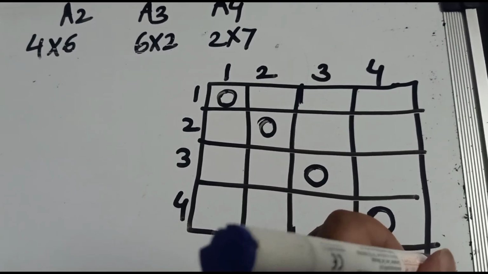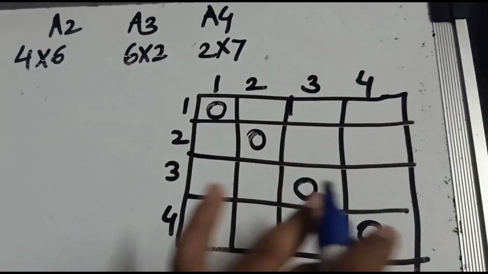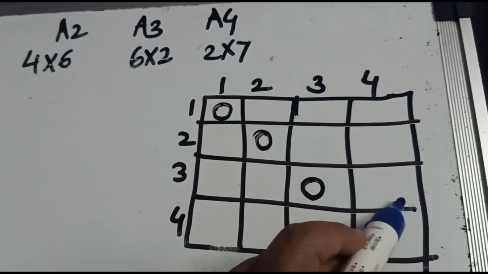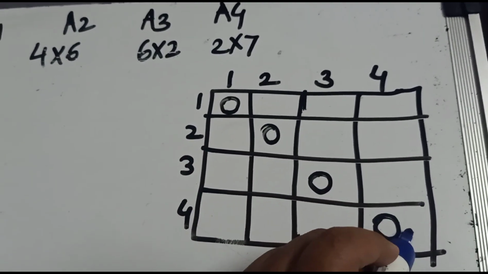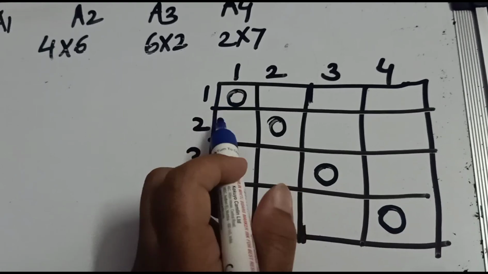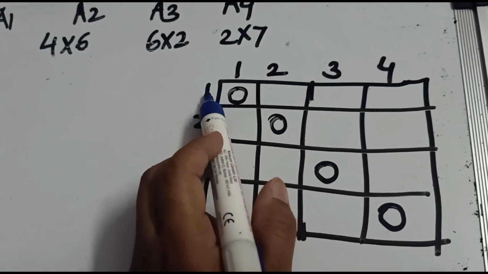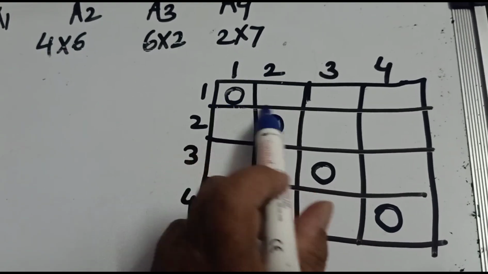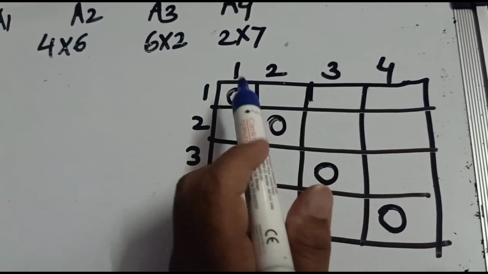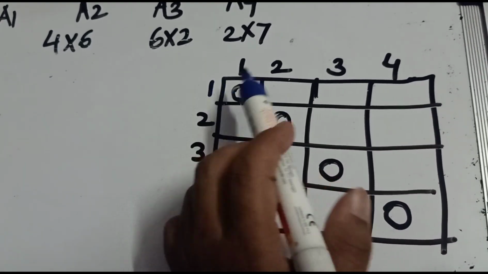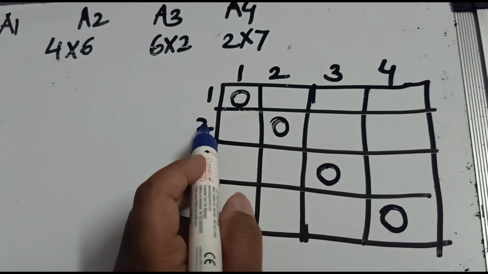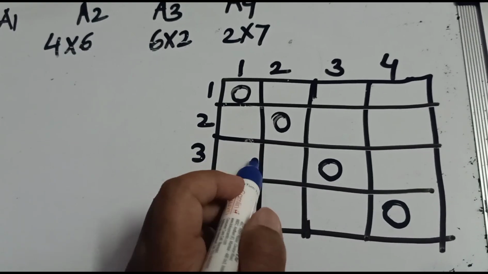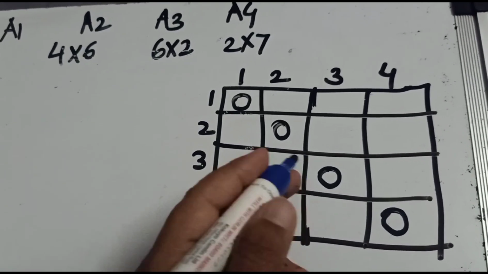Now we have to remember that this particular table we are going to solve diagonally. We'll find each and every value diagonally. If I'm finding the cost of matrix multiplication from first matrix to second, then I don't need to find it for second to first, or from third to 1, or from 4 to 1, or 4 to 2.